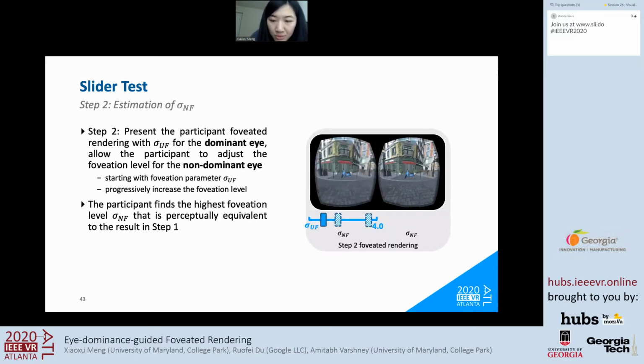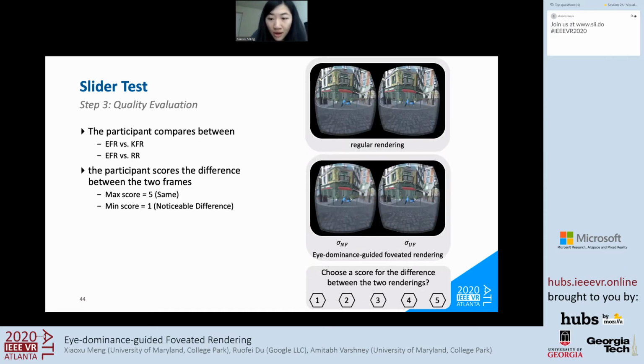And in step 2, we present the participants the foveated rendering with sigma UF for the dominant eye, and we allow the user to adjust the level of foveation for the non-dominant eye until he or she finds the highest foveation level, sigma NF, which is perceptually equivalent to the result in step 1.